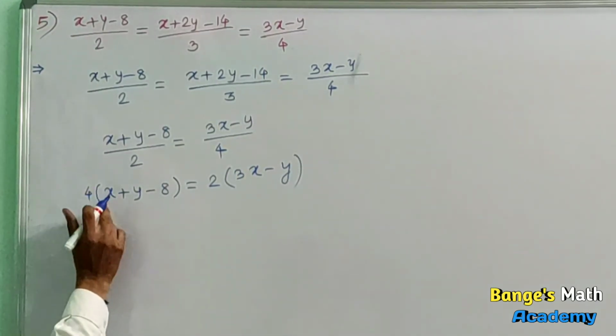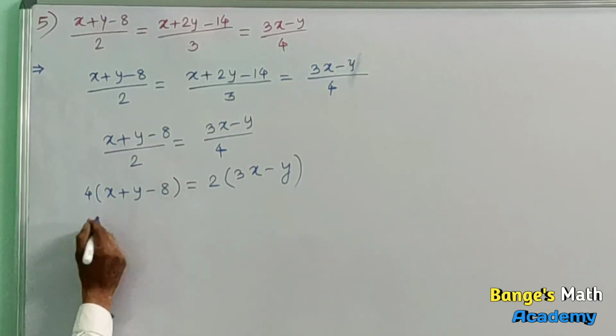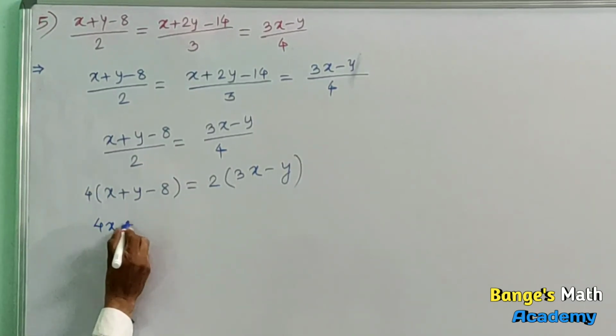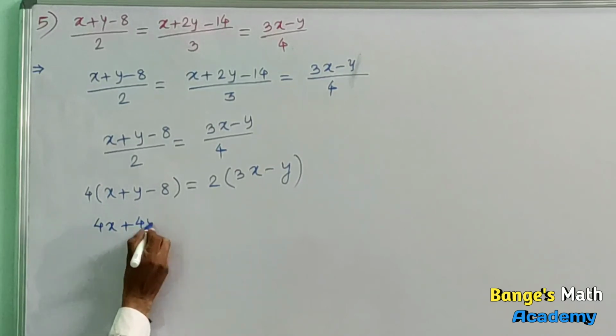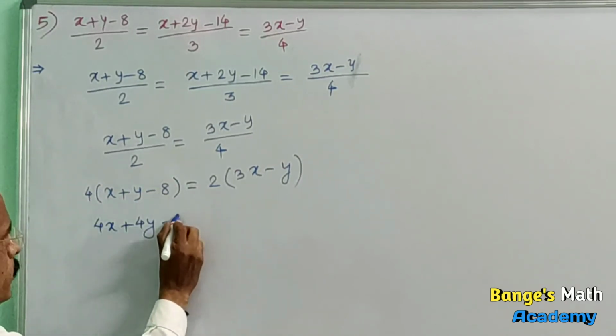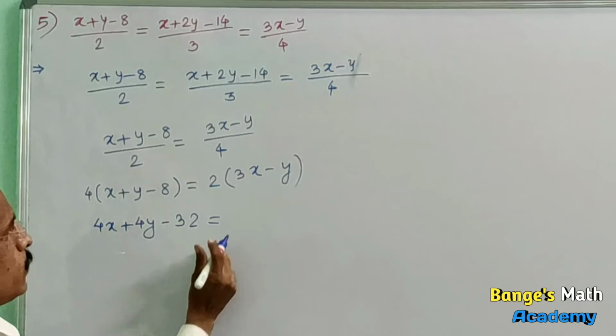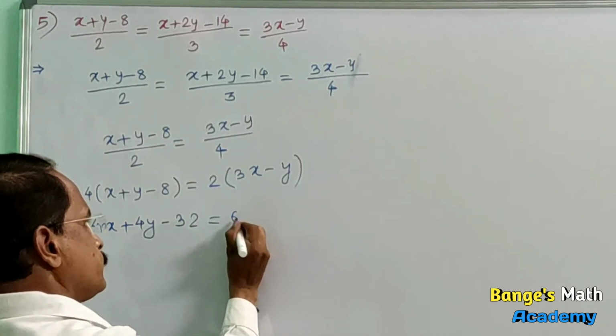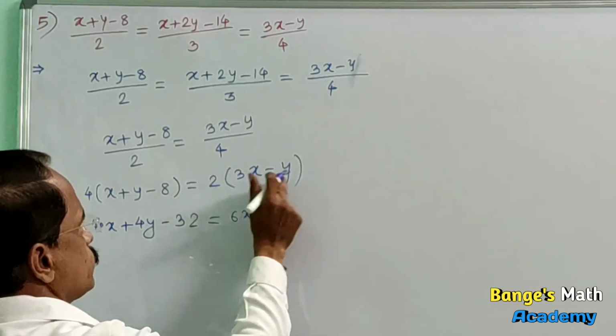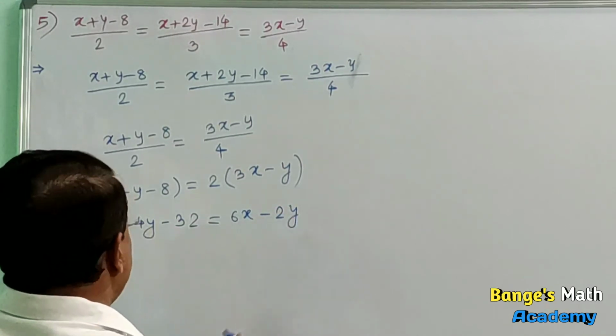Simplify this. Multiply each term by 4: 4x plus 4y minus 4 into 8, 32, is equal to 2 into 3x, 6x, minus 2 into y, 2y.